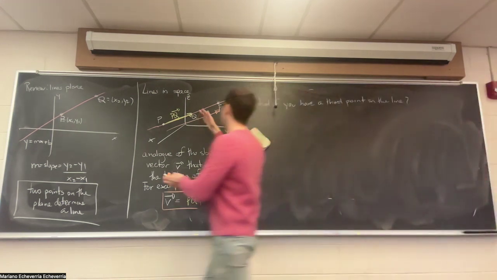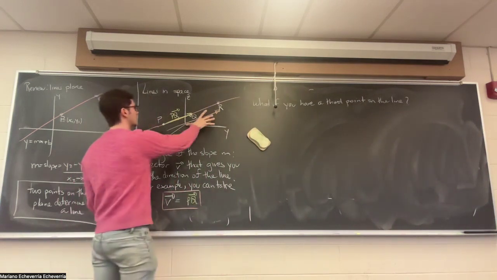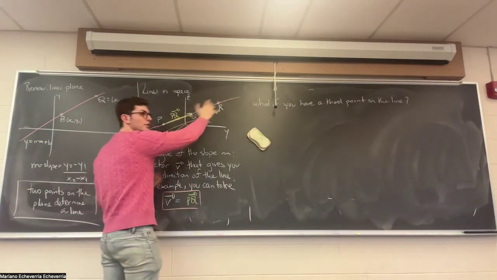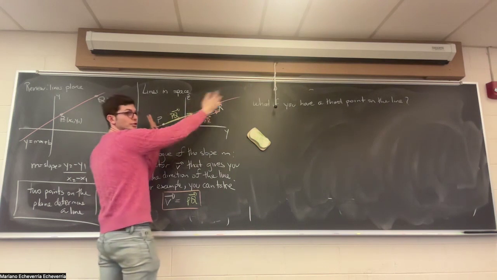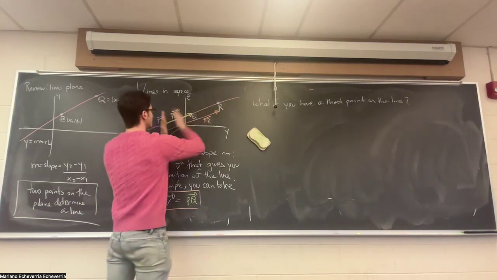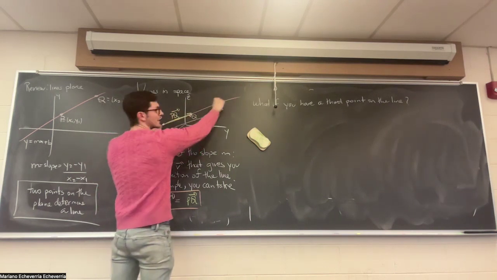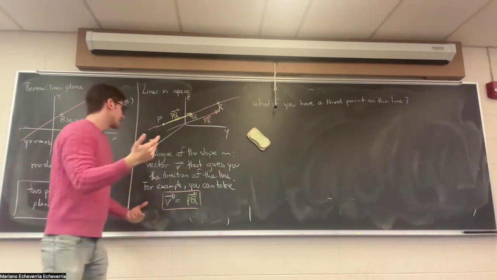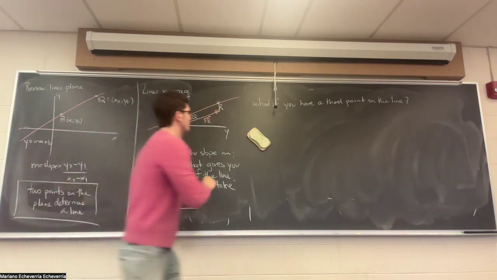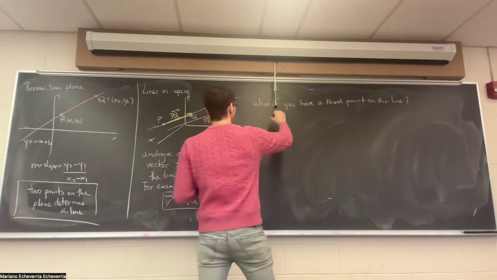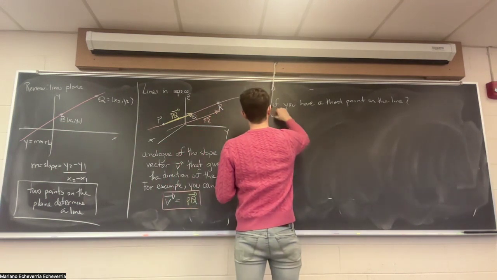One is a rescaling of the other one. So for example, this vector could be 2 times this vector or minus 2 times, depending on where you choose the third point. You can just rescale this vector and get to the other one, which is another way of saying that the vectors are parallel. They must be parallel.